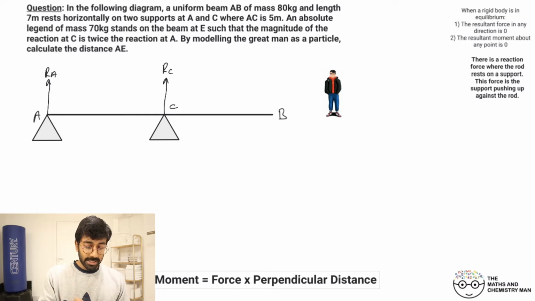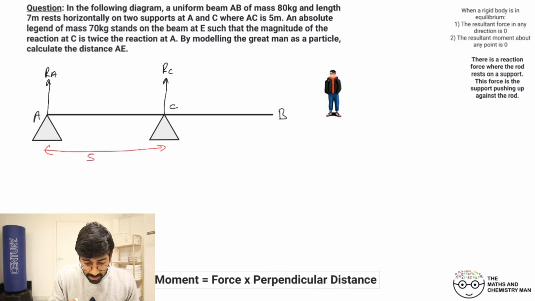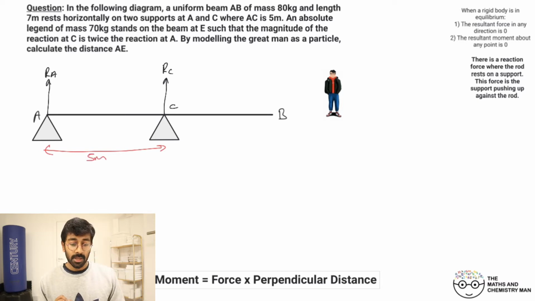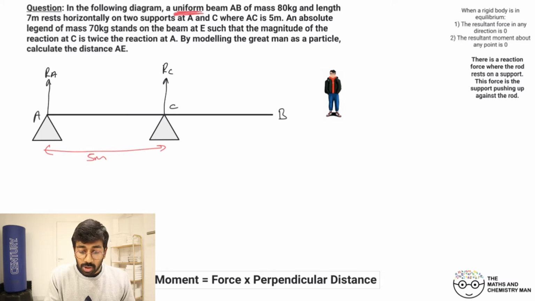Now we've also got some distances that they've given to us so far in the question. They told us AC is 5 meters, so we could fill in that distance there. We know the beam is uniform, meaning that its weight acts directly in the middle. And because it's 7 meters, that means 3.5 meters is where the weight is acting.